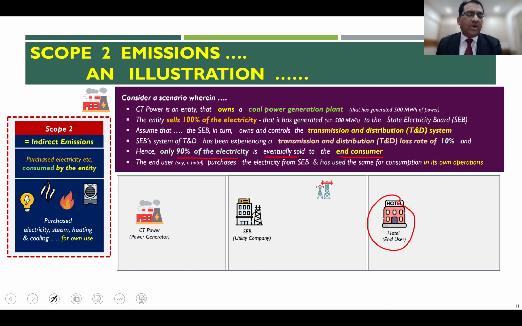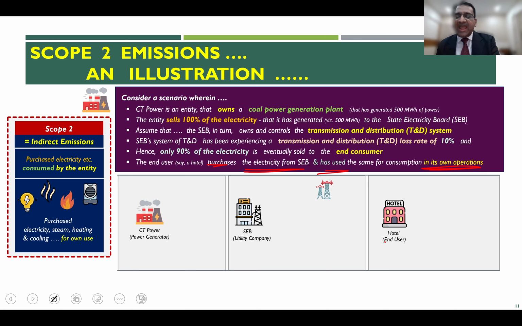Let us say the hotel happens to be the end consumer who is buying the entire electricity which is being pushed by the state electricity board to the hotel. Now, in this case, the end user, the hotel, purchases the electricity from the SEB, State Electricity Board, and has used the entire amount for its own operations.